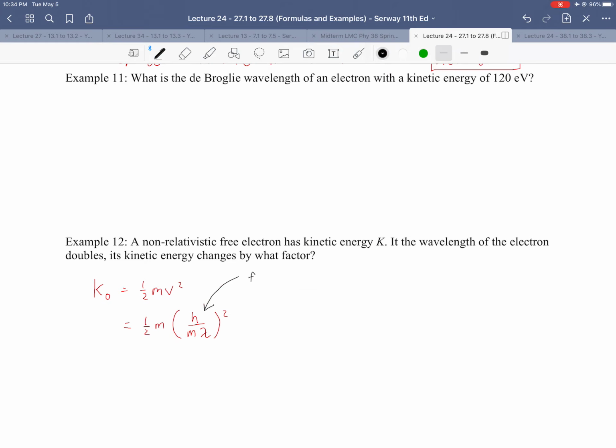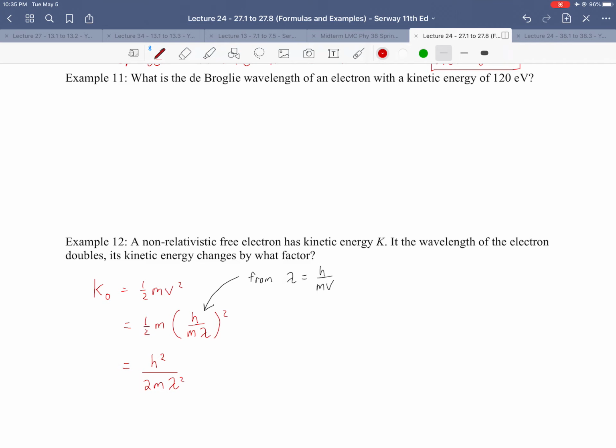So you don't have to flip back to the key equations, this is just from the de Broglie wavelength, that lambda is h over mv. All I did was solve for v, and then substitute it into the kinetic energy formula. I'll simplify this expression a bit, and it becomes Planck's constant squared, divided by 2m lambda squared.